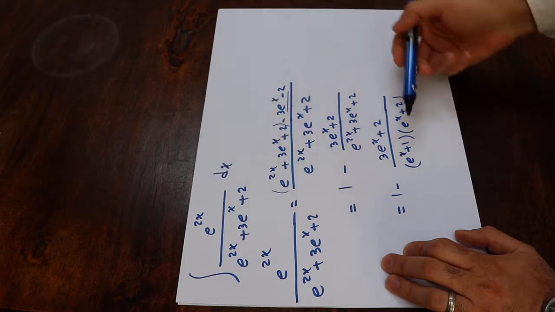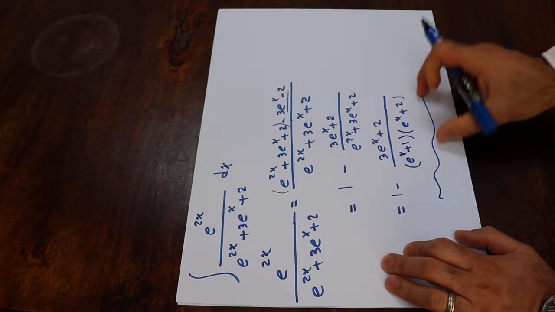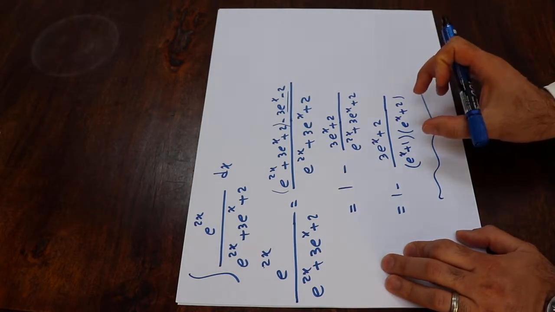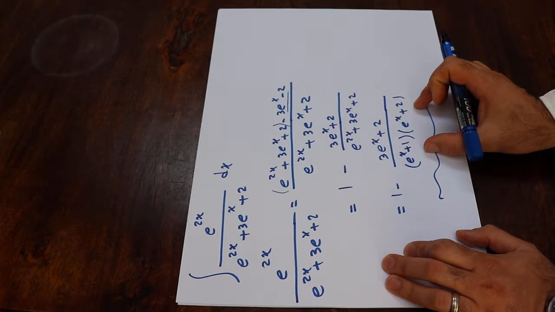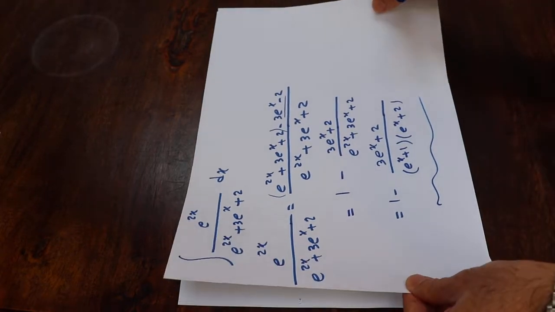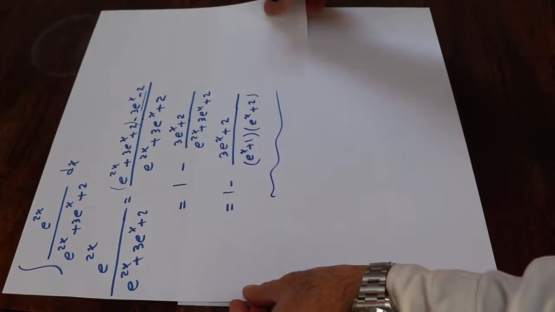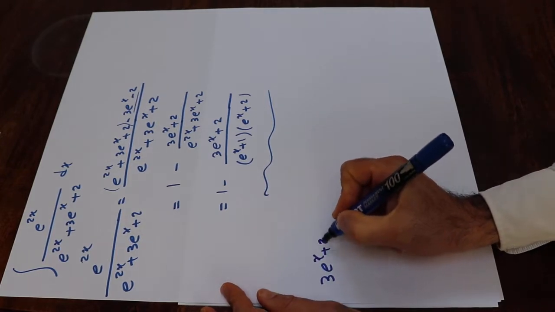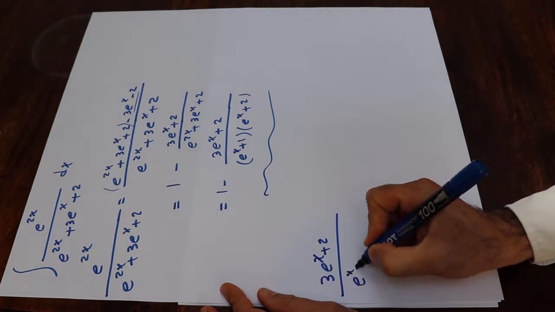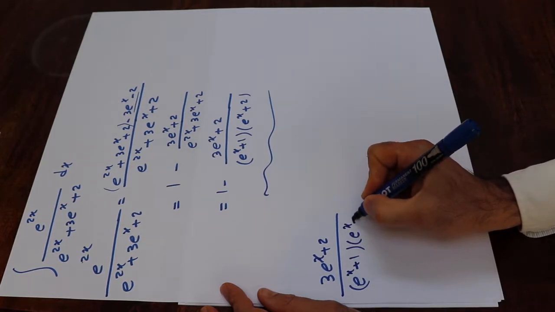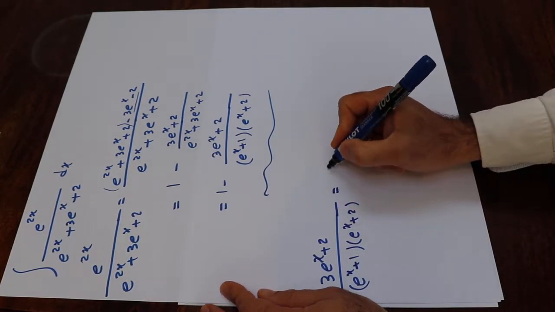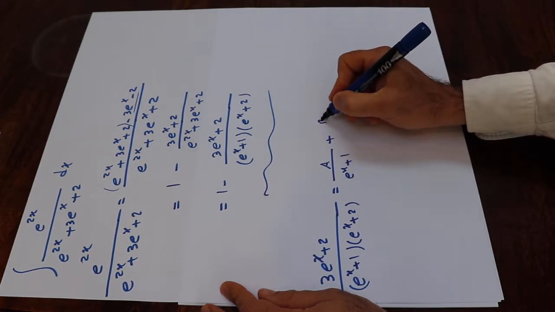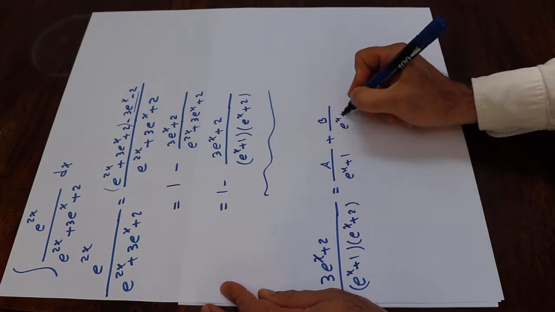So from here, now we have this expression and we have to calculate this integral. To do so, we first need to express the second part of this equation using partial fractions. So you can rewrite (3e^x + 2) divided by (e^x + 1)(e^x + 2) as a divided by (e^x + 1) plus b divided by (e^x + 2).